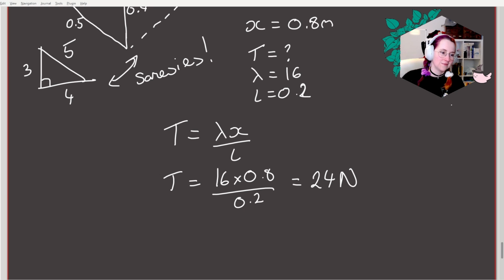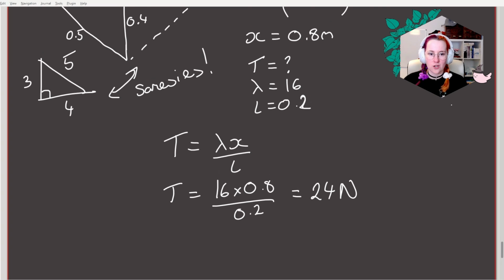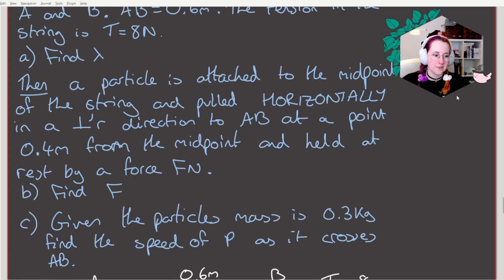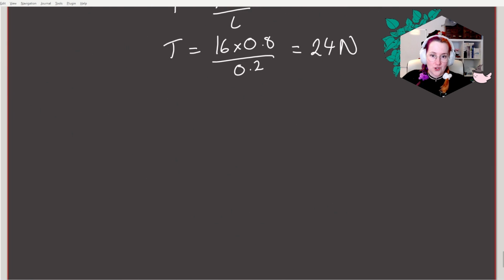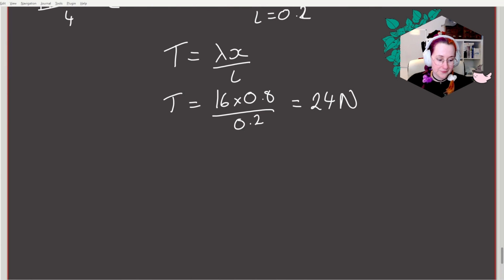However, this is not F. We got told way back here to find F. But what we've got is the tension in the string. Tension in the string is applied along the string itself.